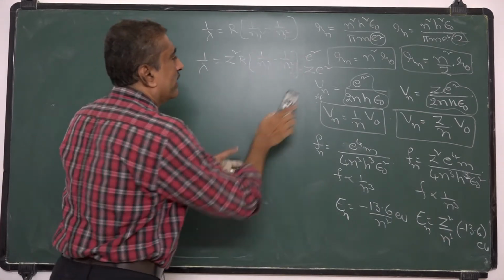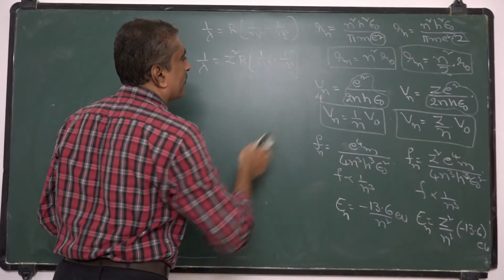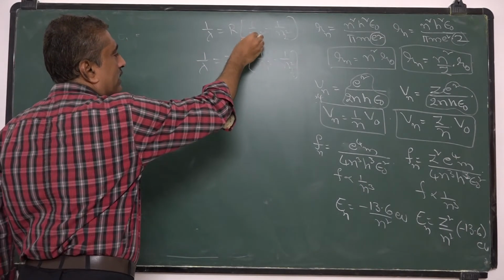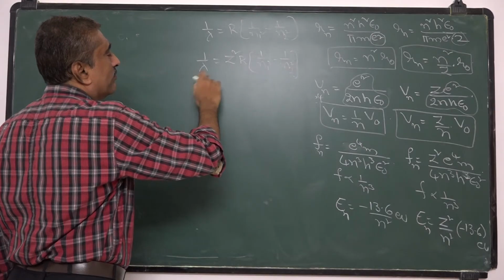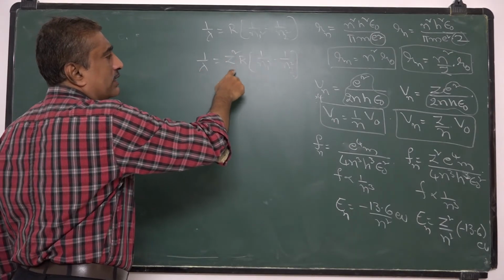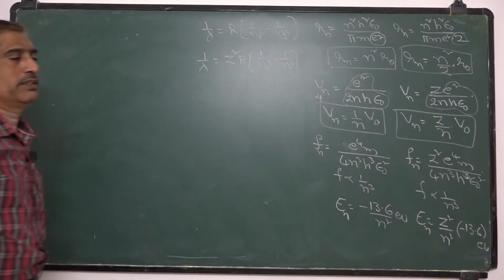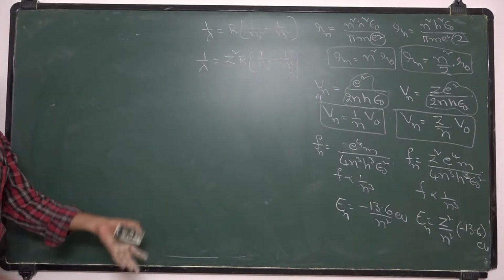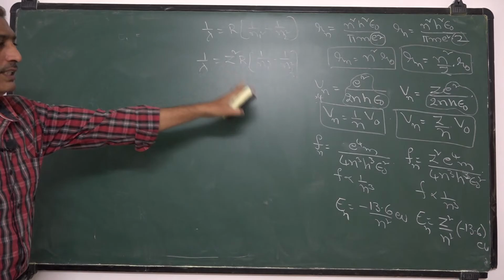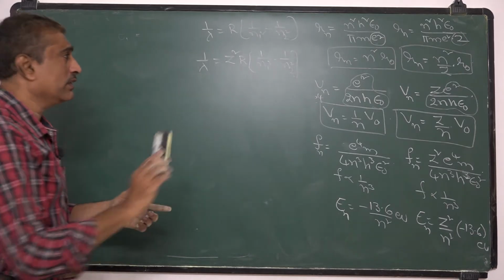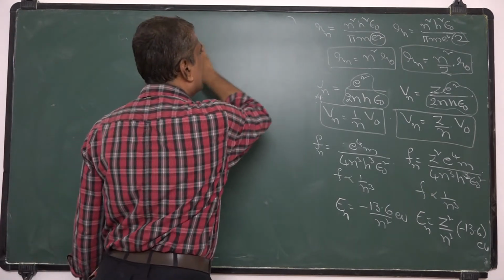So these are the comparative equations. This is for the hydrogen atom, and this is for an atom having Z number of protons inside its nucleus. So these are the comparisons between the hydrogen atom and other atoms. Okay, you can understand this. Now another one.